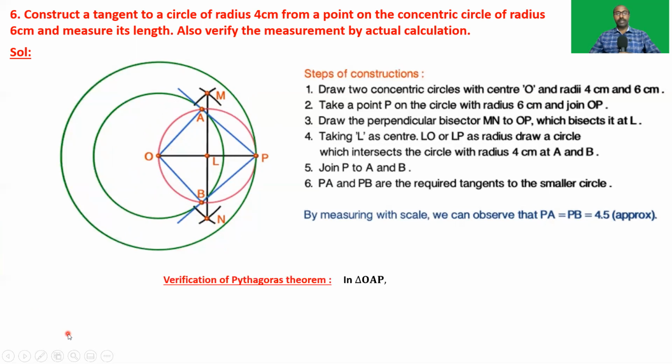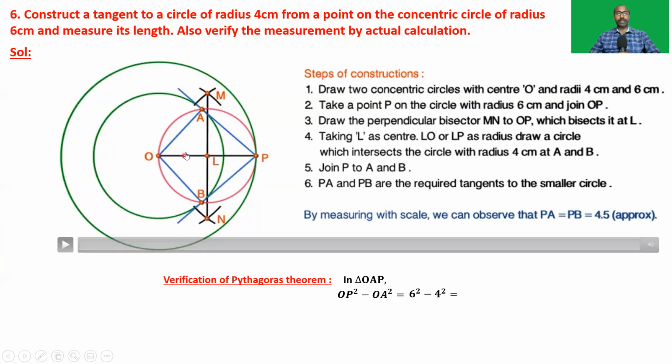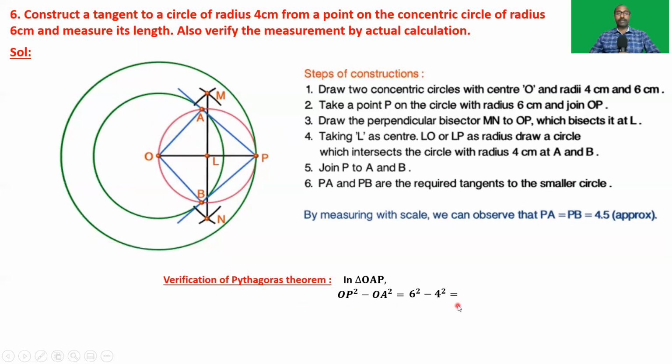In triangle OAP, we have OP square minus OA square is equal to 6 square minus 4 square. OP is 6 because it is the radius of the larger circle, and OA is the radius of the smaller circle. OP square minus OA square is 6 square minus 4 square, which is equal to 20.